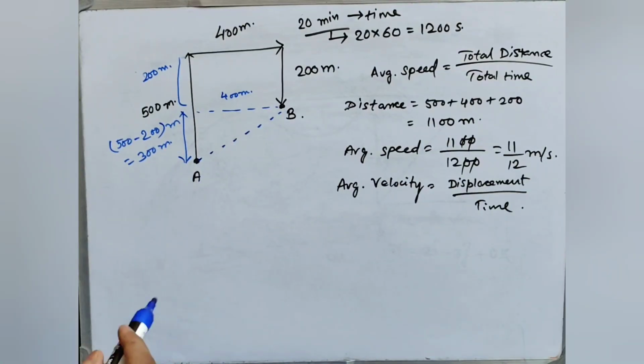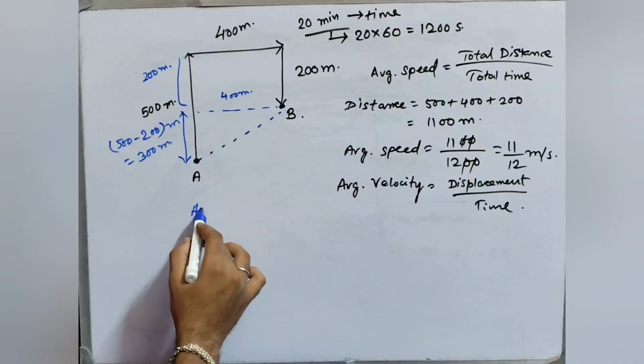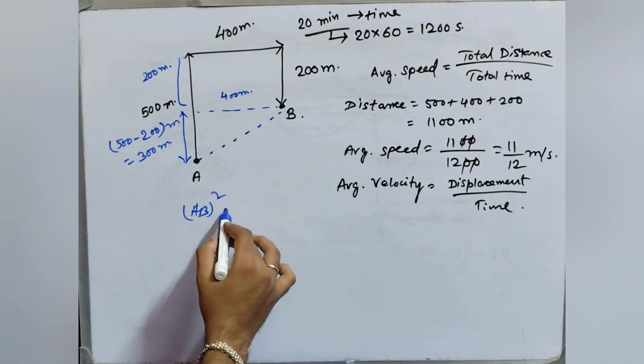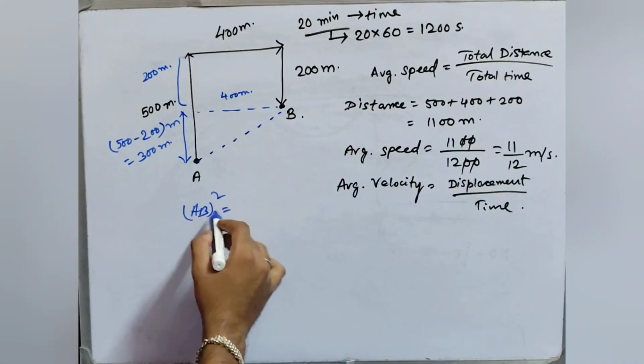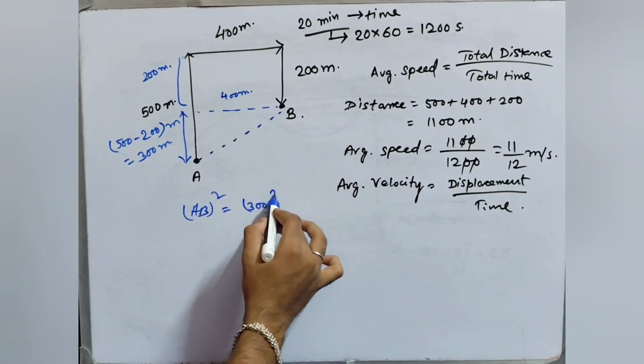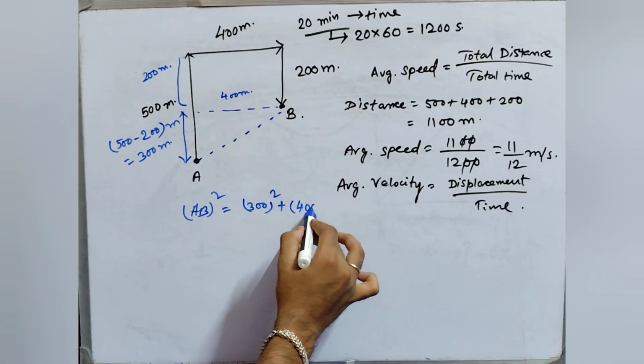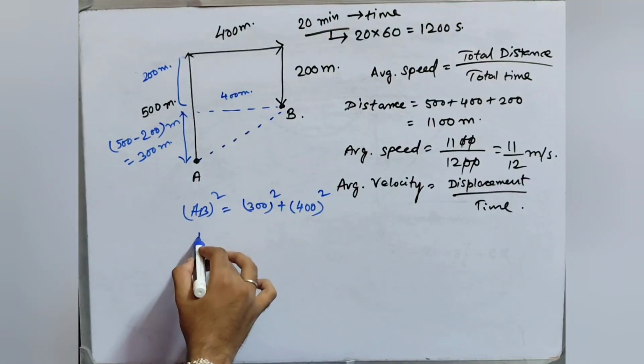According to the Pythagoras theorem, AB square is equal to this one square plus this one square. So 300 square plus 400 square.